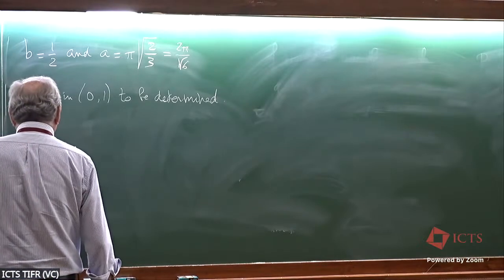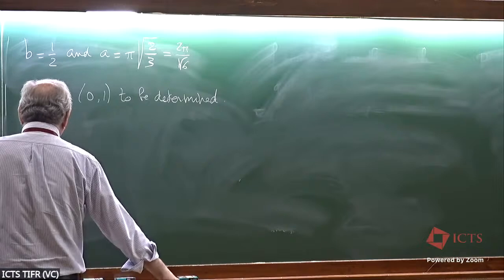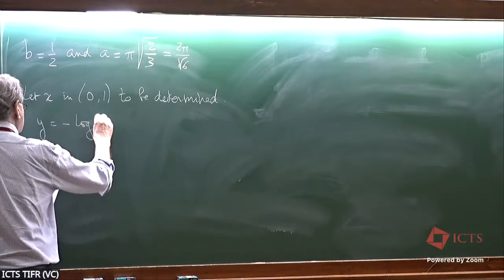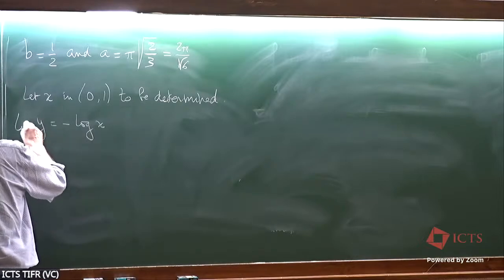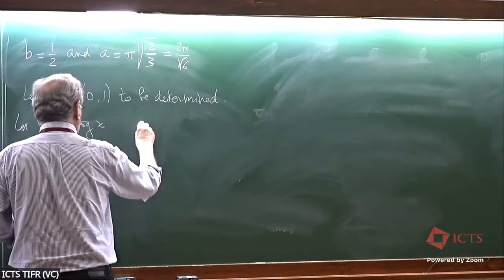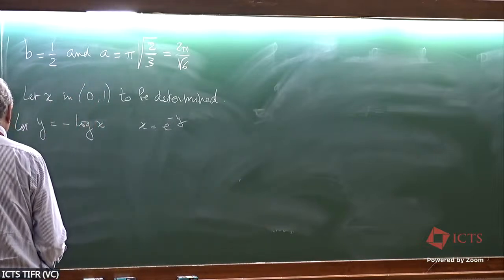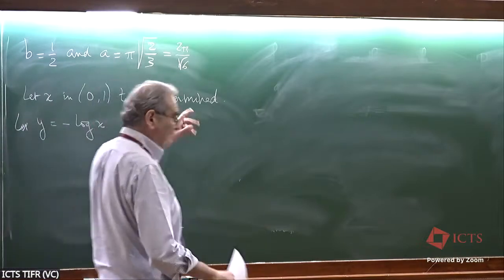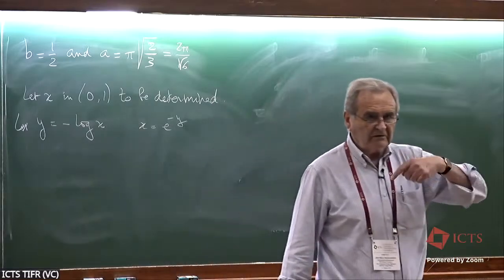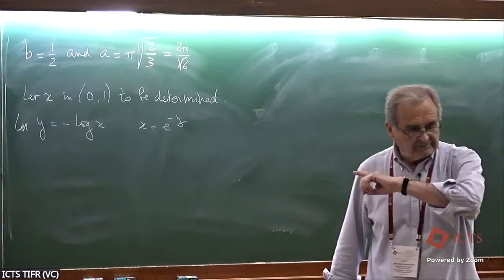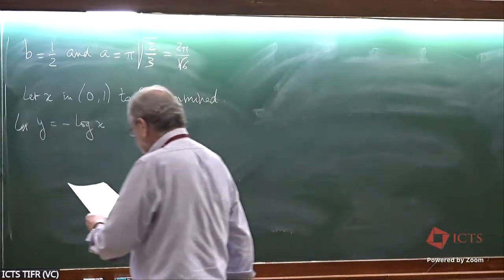And we define y equal to minus log x, or if you prefer, x is equal to e to the minus y. This will be the good thing. You see, x is a real number between 0 and 1, so it's good to say that it is exponential of something negative. So y will be positive. Okay.